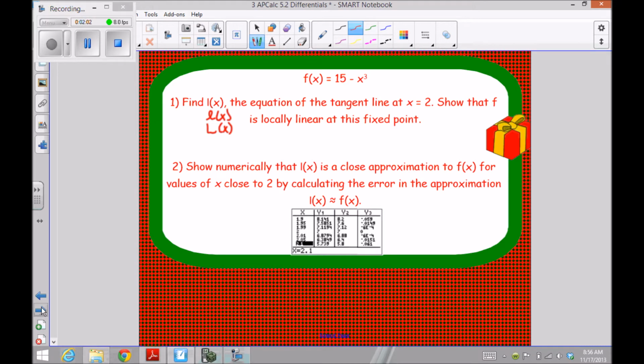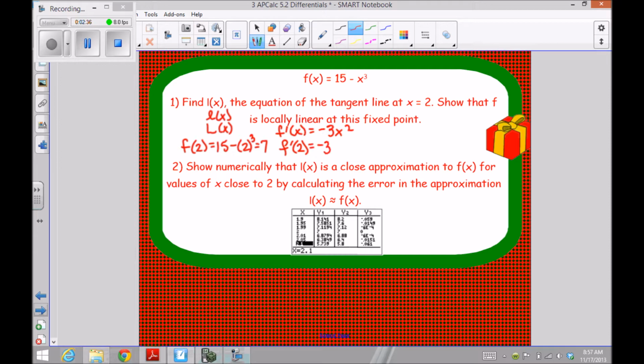We start off and we find f at 2, so that we know our y value there. And f at 2 is going to be 15 minus 2 cubed, so that should give me 7. So f at 2 is 7. Then I need to find f prime of x. That's going to be negative 3x squared, and f prime at 2 in order to find the slope of the tangent line at 2.